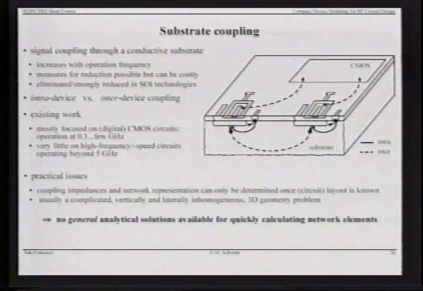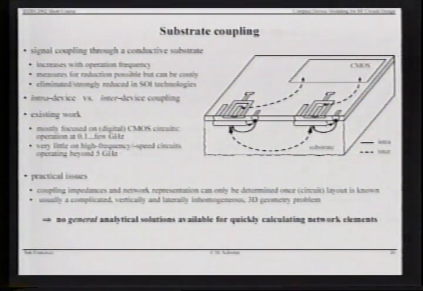That is called inter-device coupling, and on top of that, the solid lines show the intra-device coupling, where we have, for instance, a buried layer here at high frequencies talking to the substrate contact wherever it is in that device. That is called, as I said, intra-device coupling.